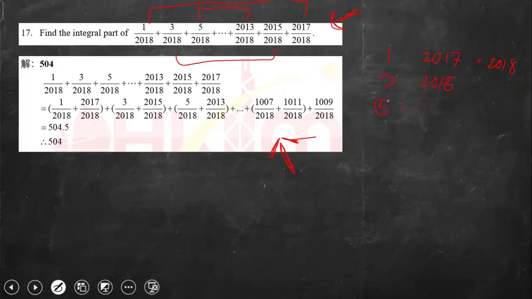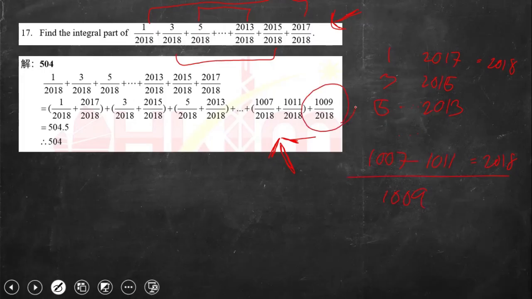It's going to be 5 and 2013, till you get to 1007 and 1011. All are going to be 2018. Then an excess here is 1009, so it doesn't have a pair.